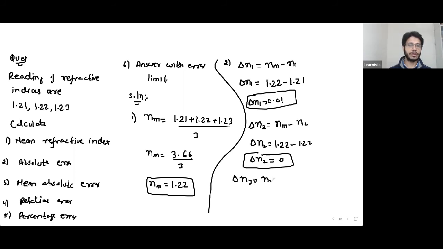Similarly, you can calculate absolute error in third measurement. So delta n3 is 1.22 minus 1.23. So if I subtract them, this is minus 0.01. These are 3 measurements. So delta n1, delta n2, delta n3, these are 3 measurements.